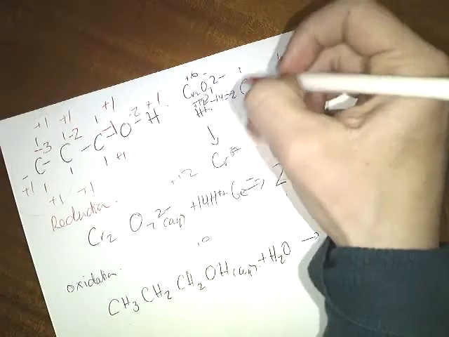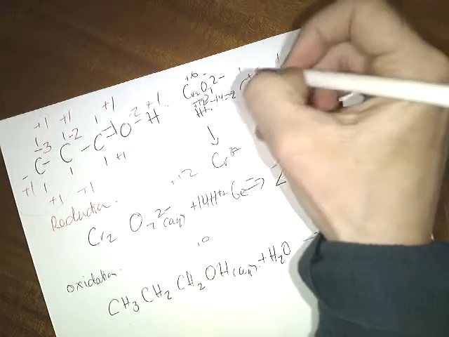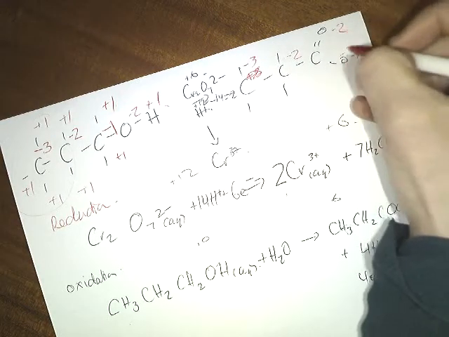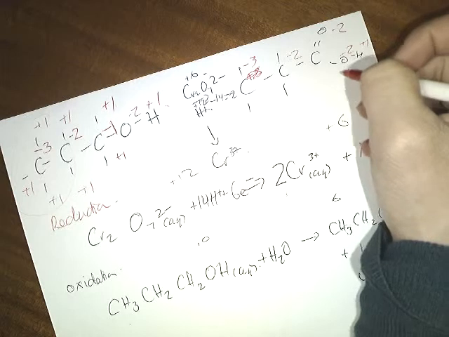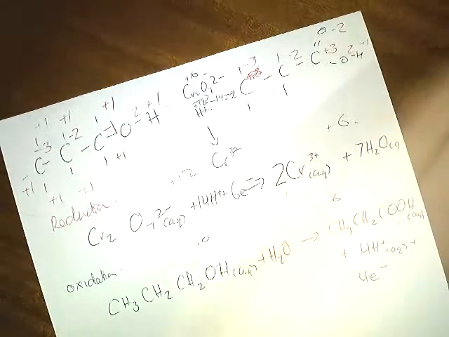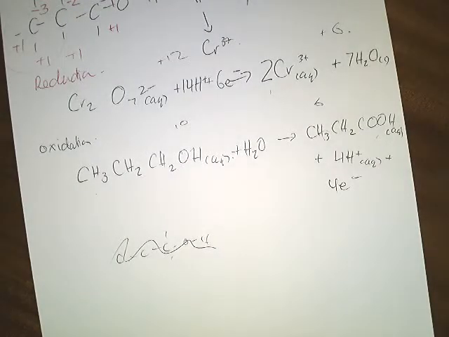And then it goes into, this would have to be the same, minus 3, minus 2, minus 2, minus 2 plus 1 is minus 3, so positive 3. So it has in fact lost 4 electrons, which says it there.